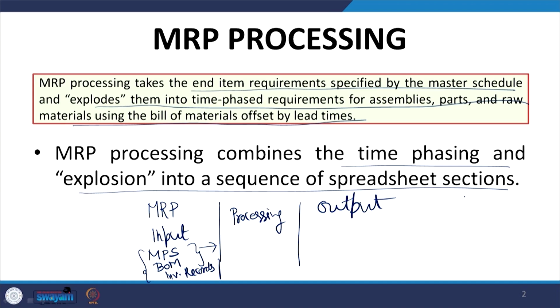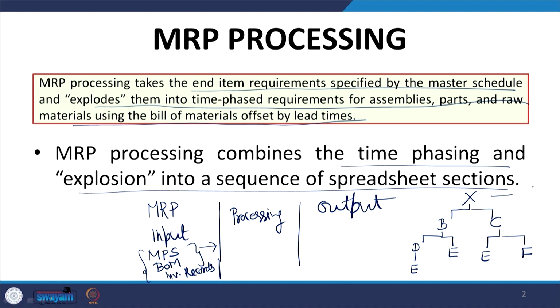Because the final product is X. If you remember the last example, this X is made of B and C, and B is made of D and E, D is made of E, and C is made of E and F. So, this type of product structure was there.